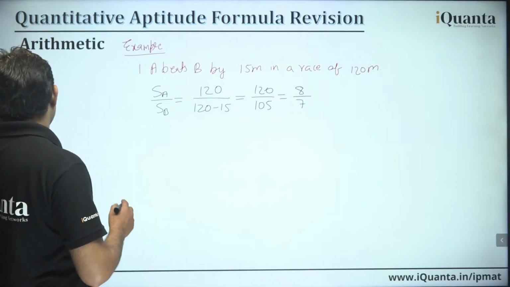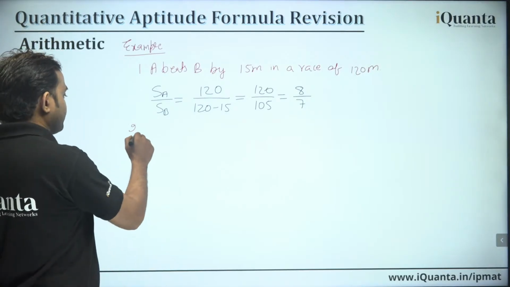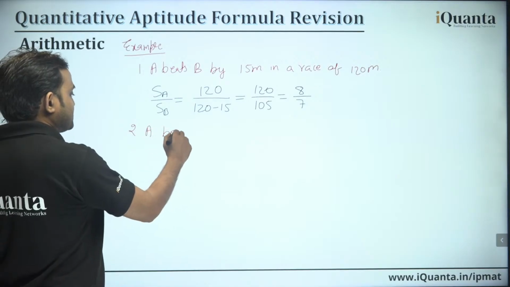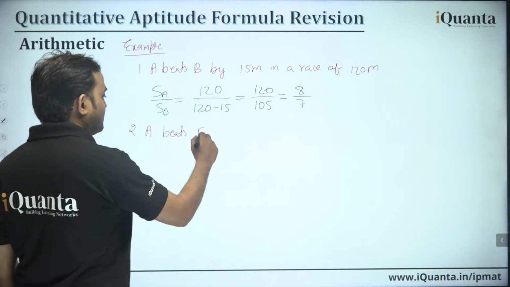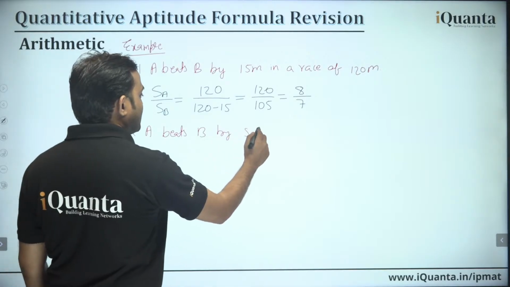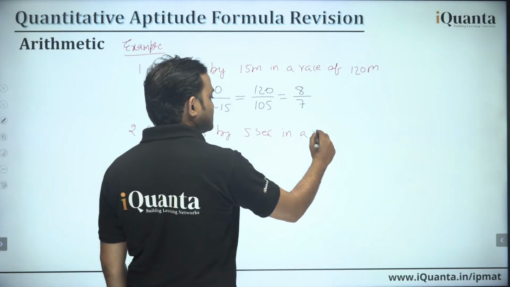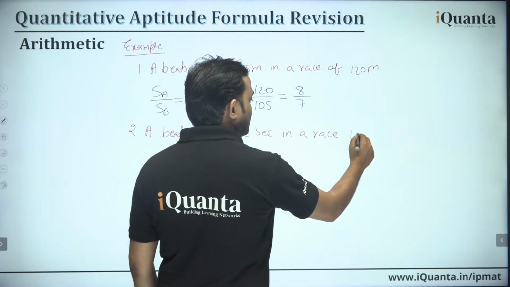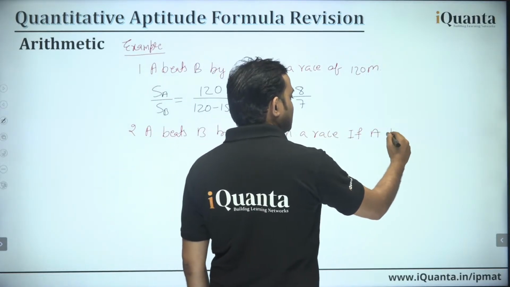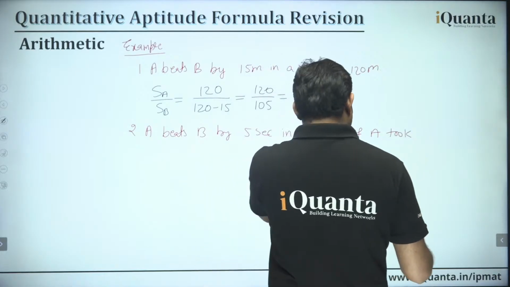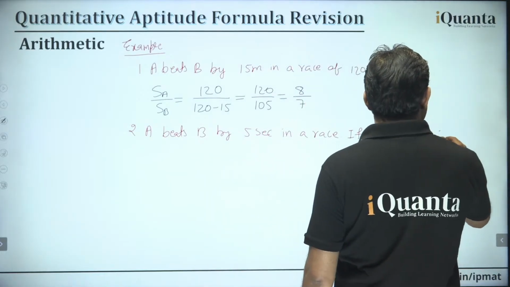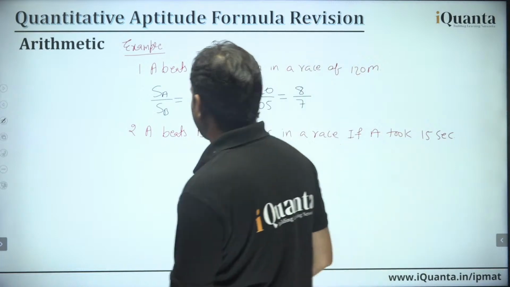Then the second one: A beats B by 5 seconds in a race, if A took, let's say, 15 seconds to finish the race.